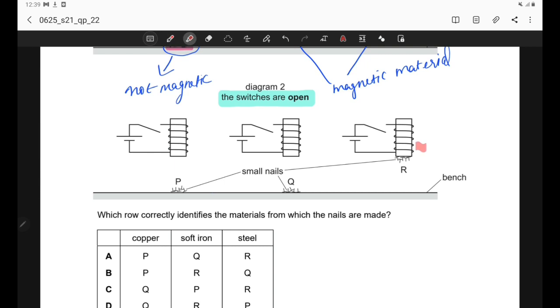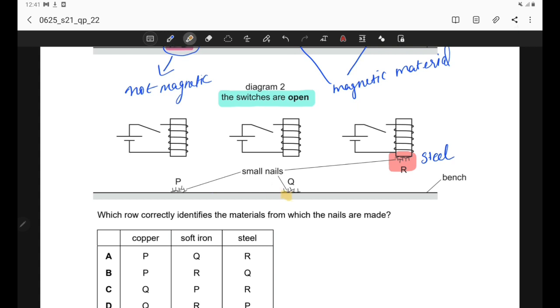But still we can see the nail is still attached to these electromagnets. So this nail must be made up of a material which should be steel, because steel is slow to be magnetized but it can retain the acquired magnetism for a long time. So the steel will behave as a magnet for a long time even though there is no current in the electromagnet.